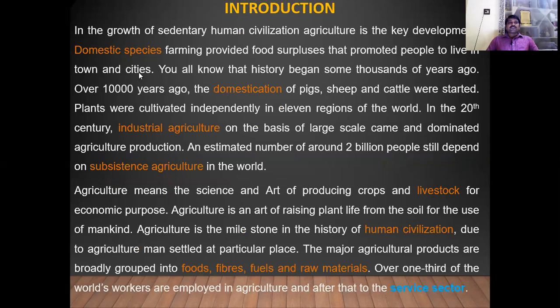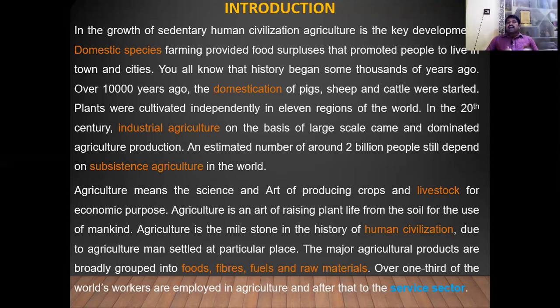Firstly, we will look into the introduction to agriculture. In the growth of sedentary human civilization, agriculture is the key development. Domestic species farming provided a food surplus that encouraged people to live in towns and cities.